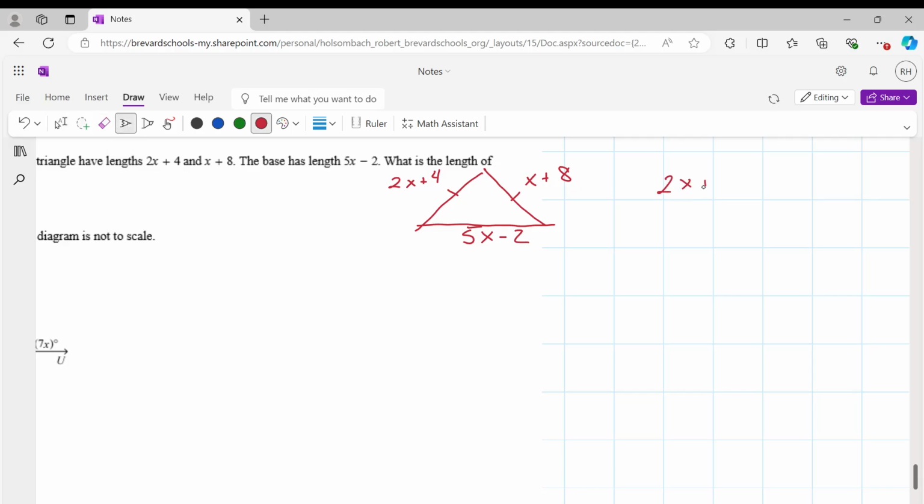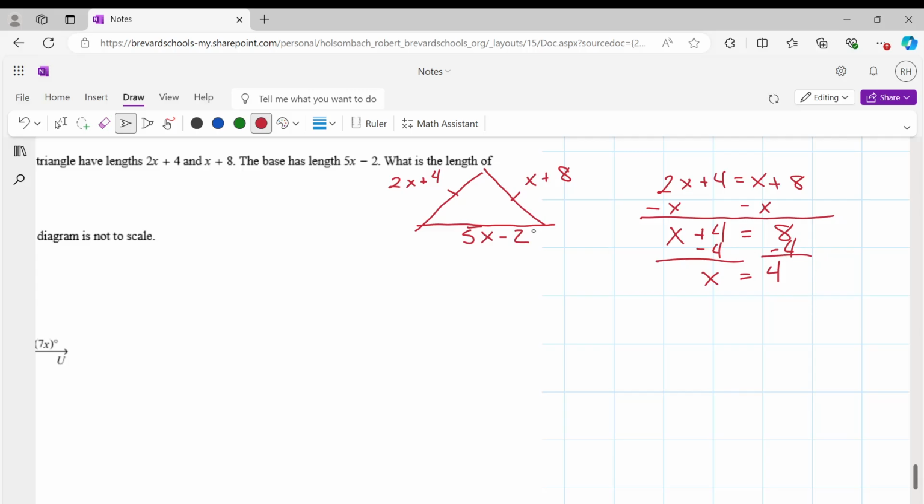Good. The 2x plus 4 is equal to the x plus 8. So subtract x from each side. You get an x plus 4 equal to 8. Subtract 4. And x equals 4.